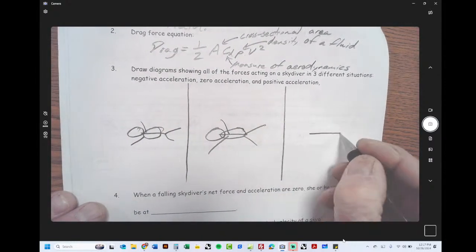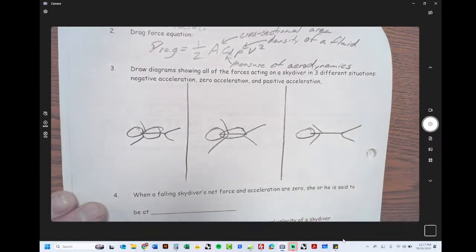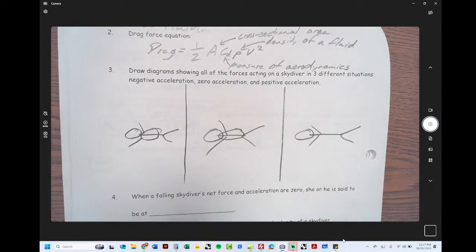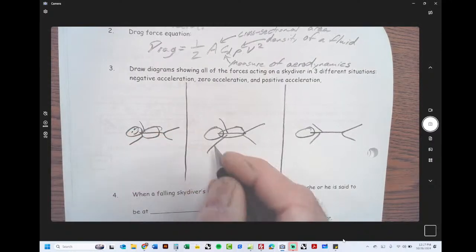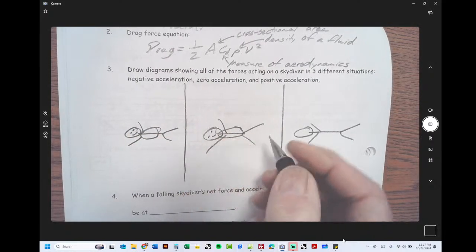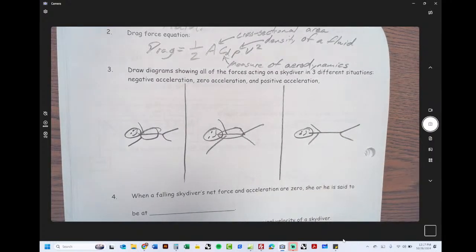I'm going to draw, yeah, I'll draw the third one. This is a skydiver. What does it look like to you? Okay, it's a person. A happy skydiver. How about this? The last one should be scared because he has no parachute.